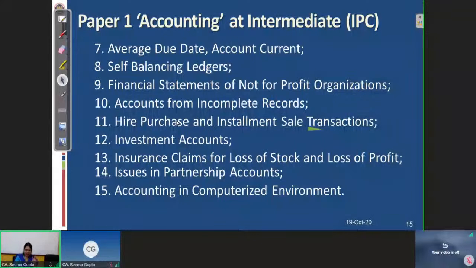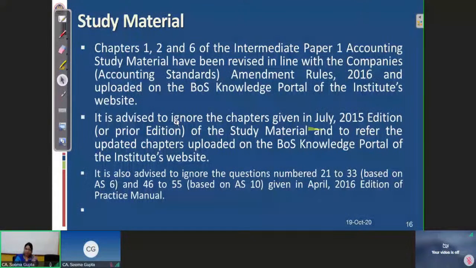Now, what is an addition which is applicable for old course students? July 15, but after that, and we have April 16 PM, but after that, we revised a few chapters, chapters 1, 2 and 6. A due announcement was made at that time to the students, and they have been uploaded at the BOS knowledge portal of the institute's website.